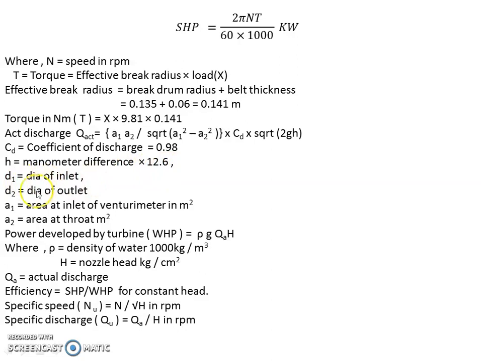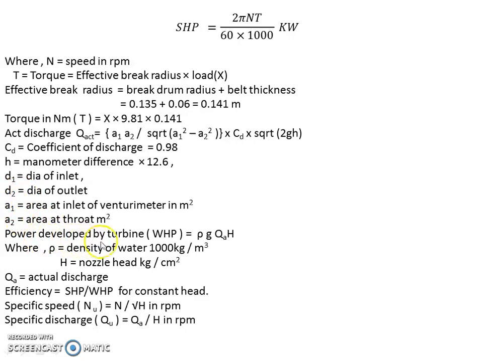D1 is the diameter of inlet and D2 is the diameter of outlet, which will be given in the observation, with which we will be able to find out what is A1 and A2. A1 will be pi by 4 D1 square and A2 will be pi by 4 D2 square.